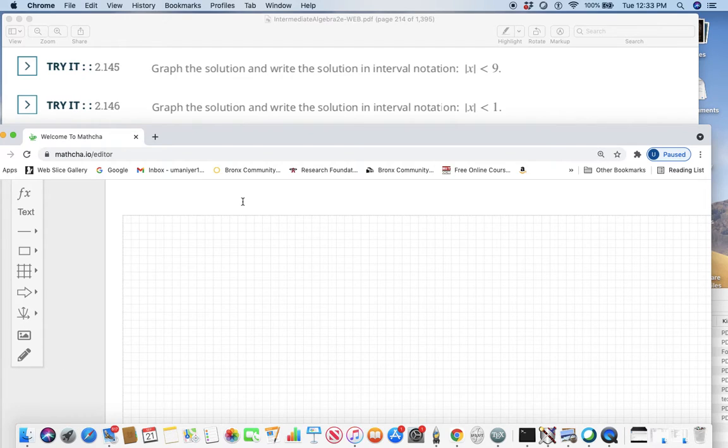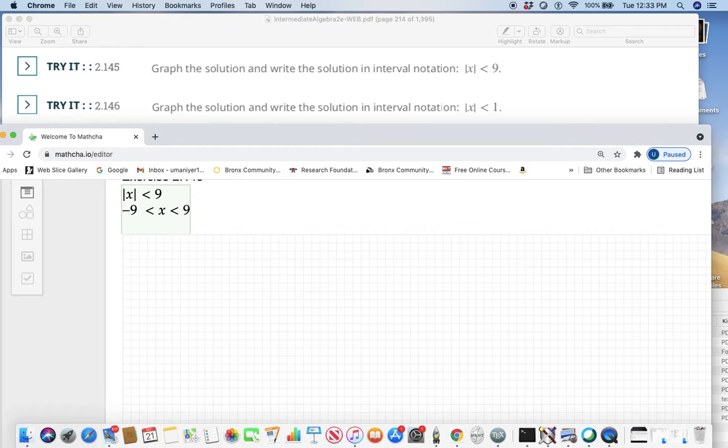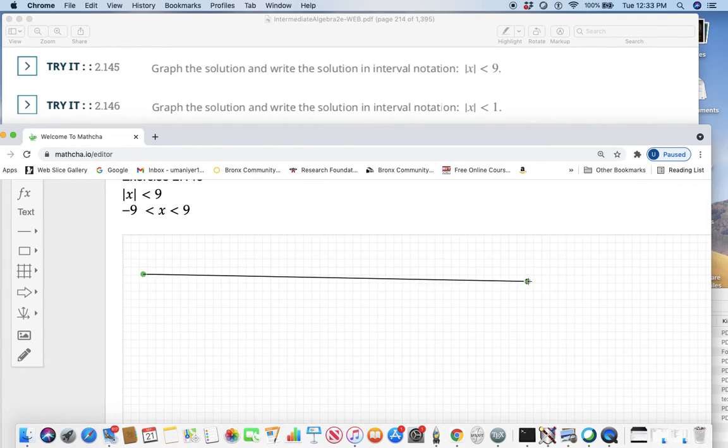When you graph, you need to start with a number line. Right? So the number line is a line and you're looking for negative 9 and you're looking for positive 9.